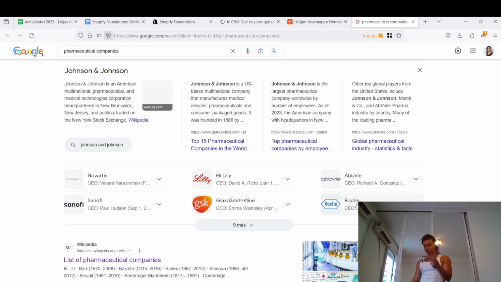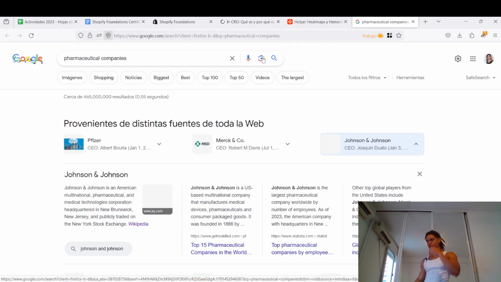GSK is a British multinational pharmaceutical company. Pfizer and Johnson and Johnson are North American multinational pharmaceutical companies. Things started to make a lot of sense here.